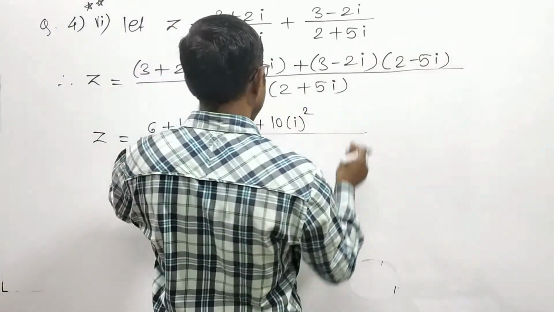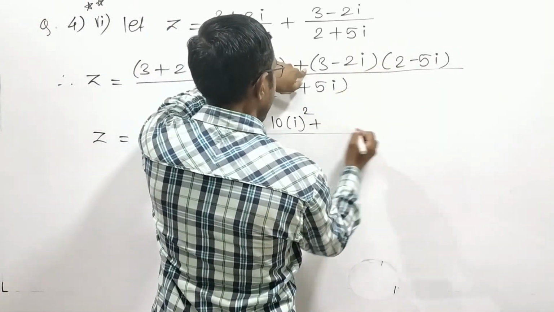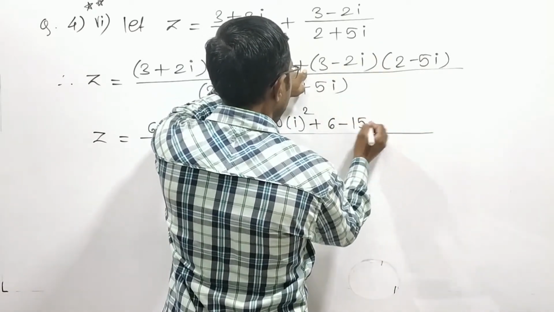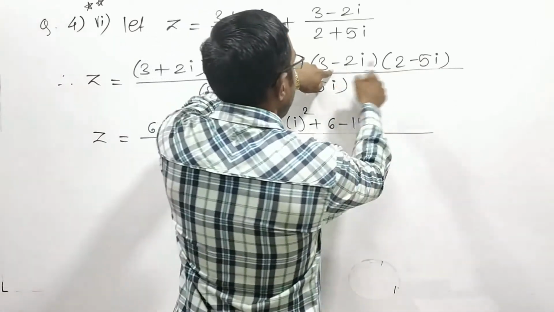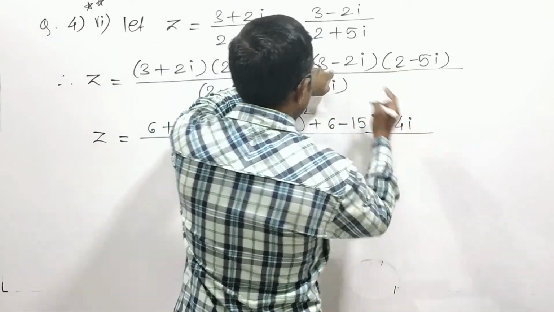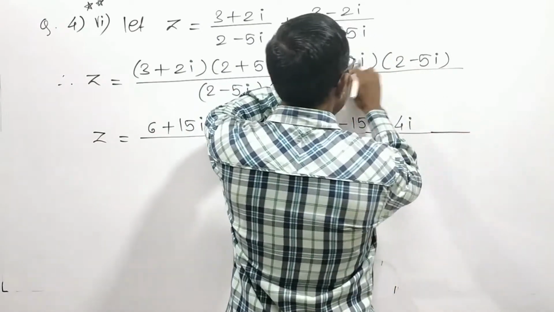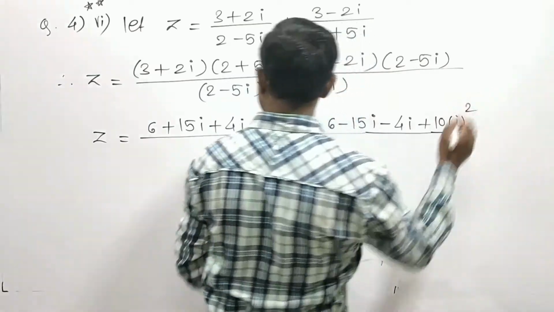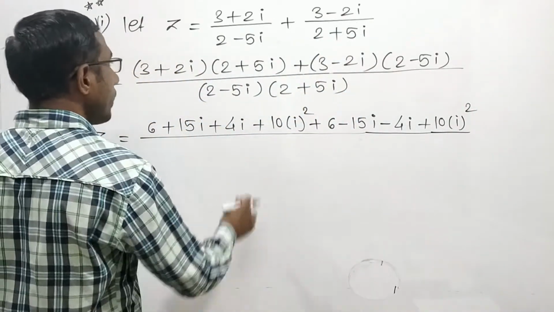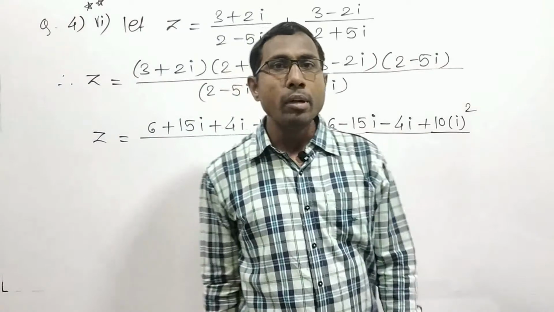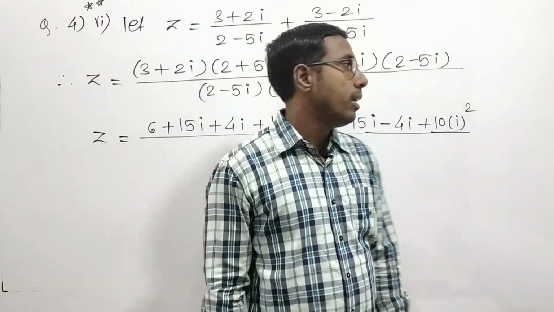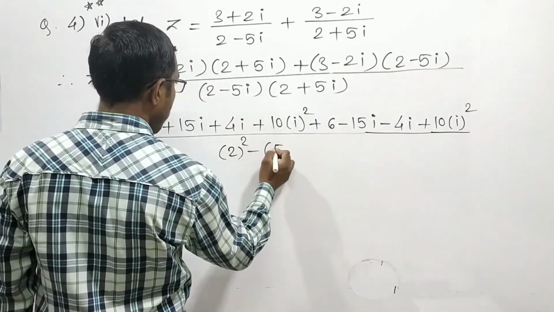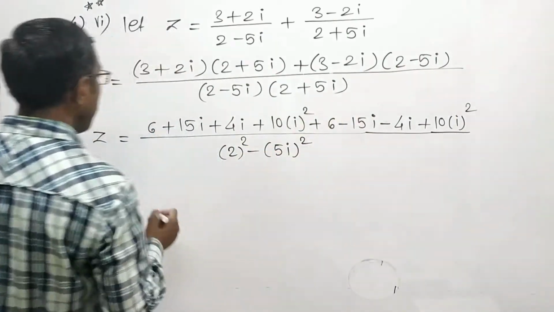Next, multiplication of these two complex numbers: plus 3 2s are 6, minus 3 5s are 15i, minus 2 2s are 4i, then minus of minus plus, 5 2s are 10, it is i square. Divided by, what is the type of denominator? It's a plus b, a minus b formula, it is a square minus b square. So it is 2 square minus 5i bracket square.